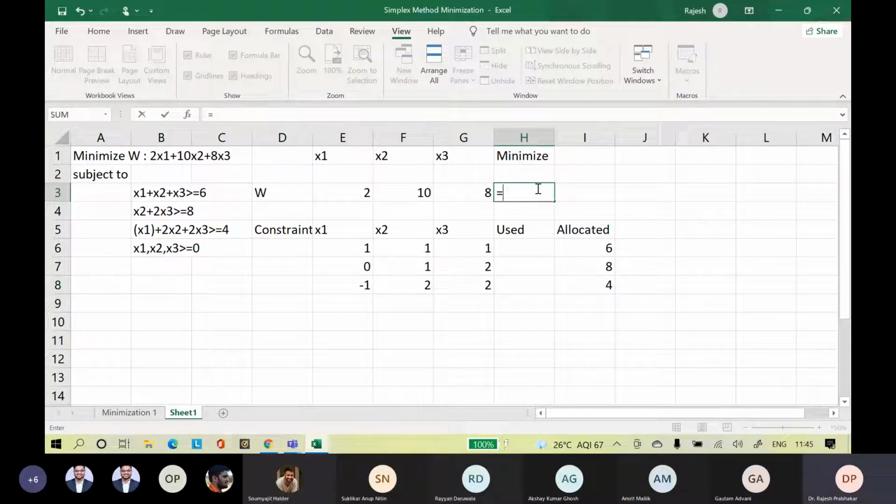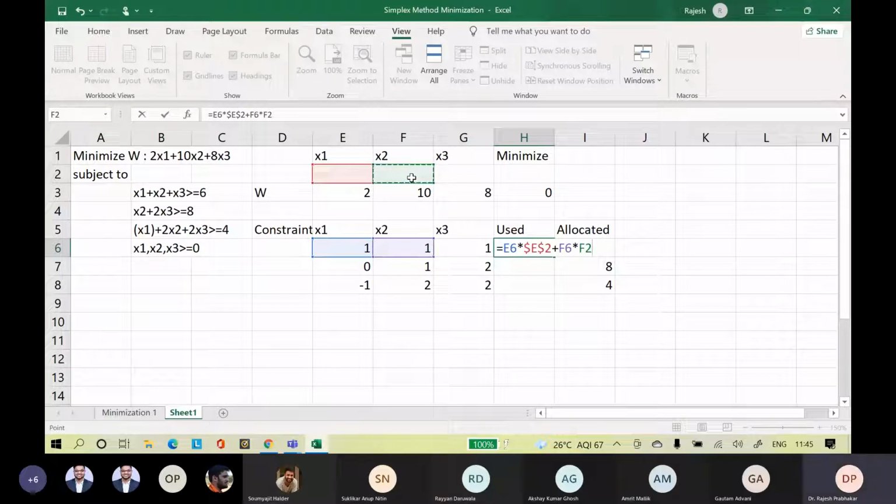Right. So we will type the formula. It is equal to this into this plus this into this plus this into this. This would be equal to this into this plus this into this plus this into this.